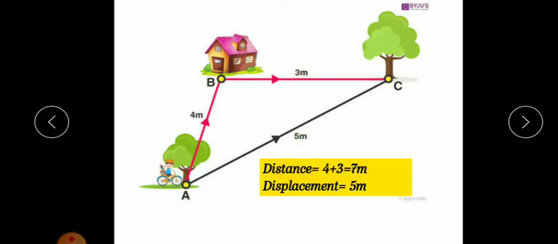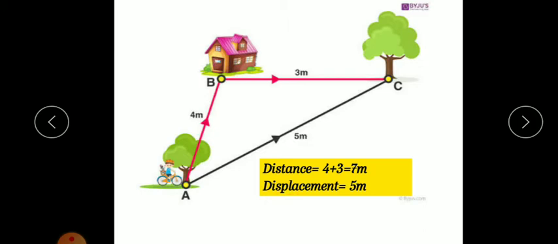Now let us see what displacement is. A is the initial point of the child and C is the final point. The shortest straight line distance from the initial point to the final point is known as displacement.